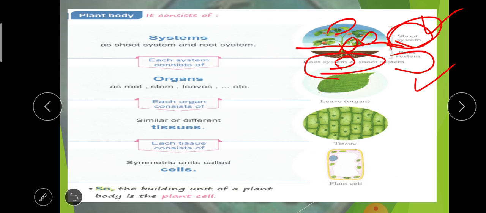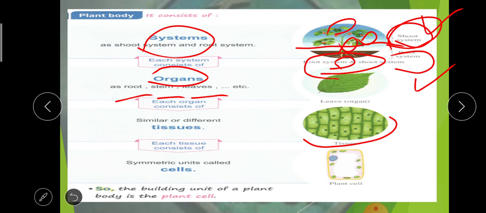So the plant body consists of systems, and each system consists of organs like root, stem, leaves, flower, and so on. Each organ consists of different or similar tissues. These tissues consist of small cells, or plant cells.